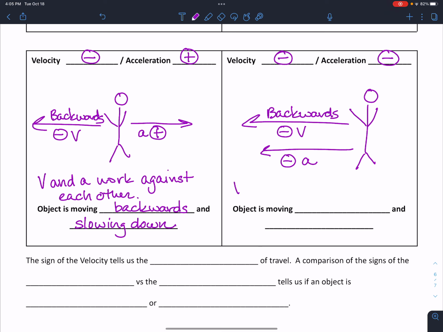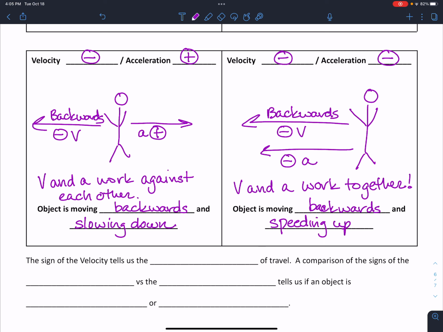So the velocity and acceleration work together. They cooperate. So this object is moving backwards because of that negative velocity, but because the velocity and the acceleration work together, it is speeding up.